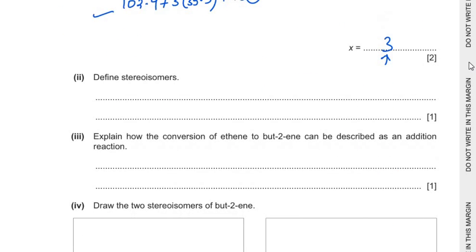So now the next part is define stereoisomers. Now isomers, we know they are the compounds with the same molecular mass but different structure. Now the question is stereoisomers. So what are stereoisomers?